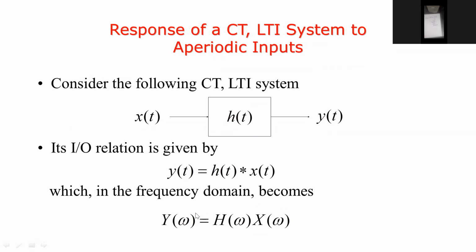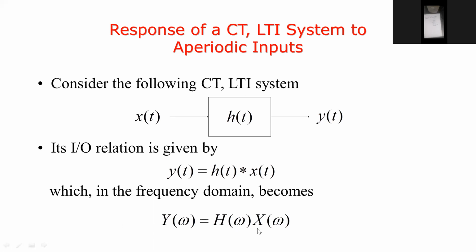This is simply what I did while I made the proof for H of omega. I said that H equals Y over X. And now H capital is a frequency domain signal. So this is a full equation in the frequency domain. Now, what if you would like to write this equation in the time domain? Then you are going to say that Y of t is equal to the convolution of H of t and X of t. Now the convolution starts to appear because simply this is the reverse process for the multiplication.